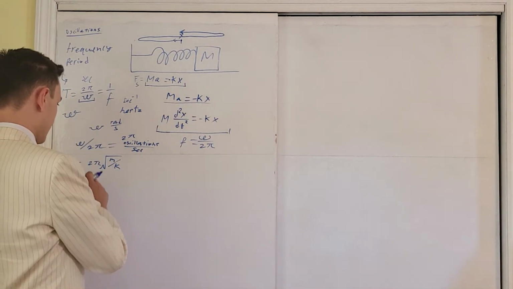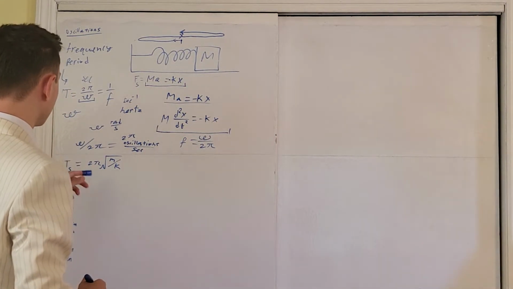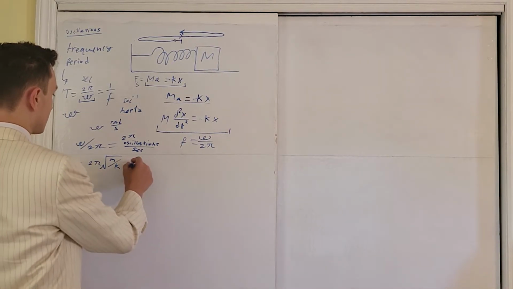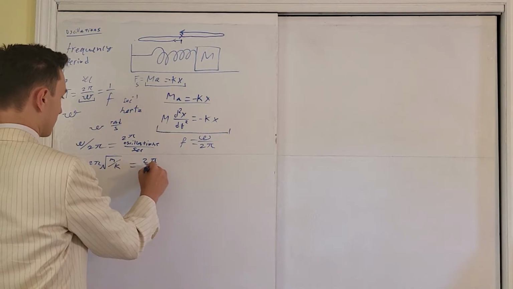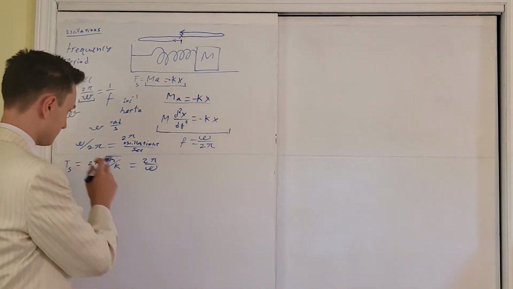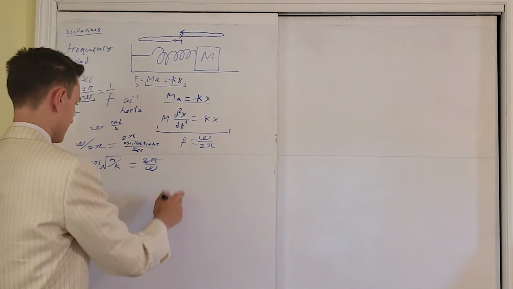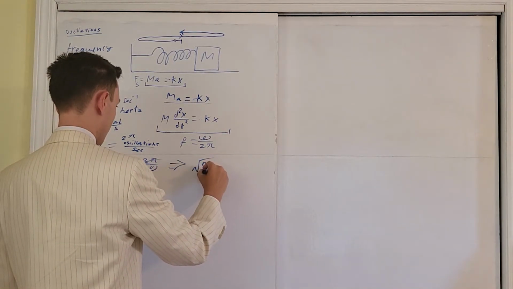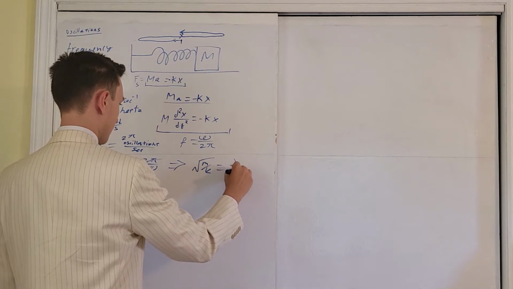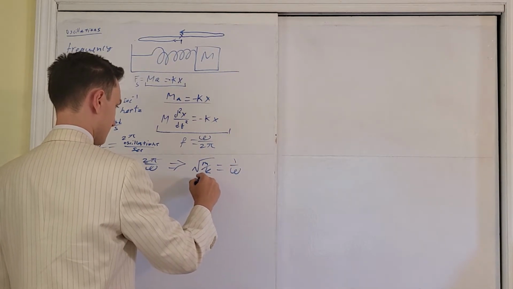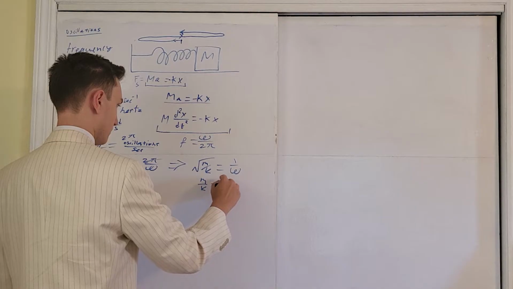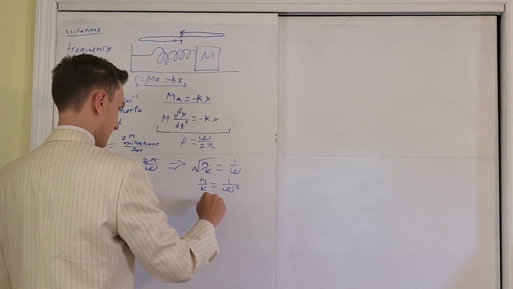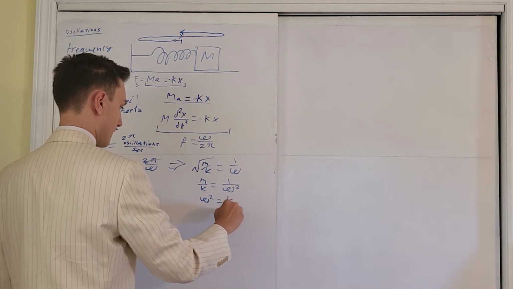But this derivation is important because we can combine it with this equation right here to say that the period also equals 2 pi over omega. I have 2 pi on both sides, those cancel out, and I simplify to the square root of m over k equals 1 over omega, which simplifies to m over k equals 1 over omega squared, such that omega squared equals k over m.